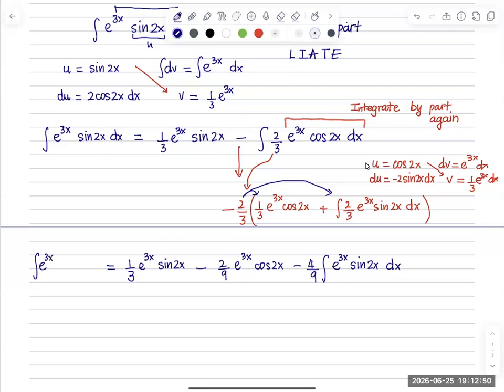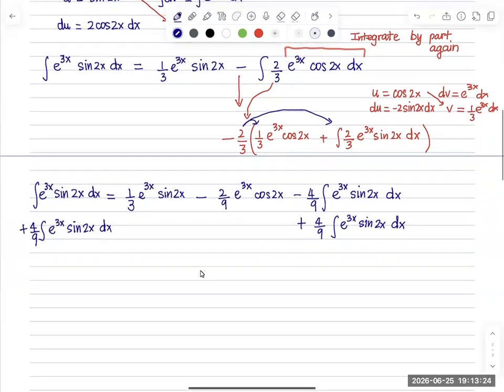So it looks like I'm gonna encounter a loop where I will have to do integration by parts of this again. However, the right hand side expression right here is just our left hand side. So I can actually combine like terms by adding 4/9 integral of this on both sides. So I will have 1 plus 4/9, which is 13/9 integral of that.